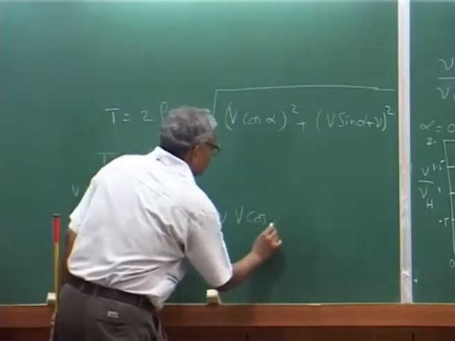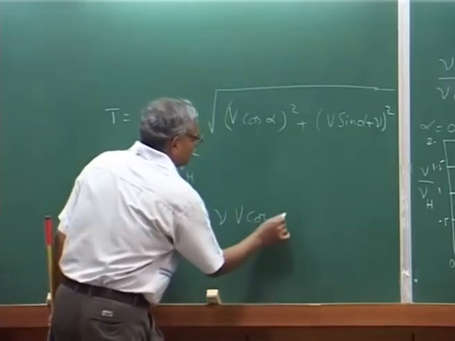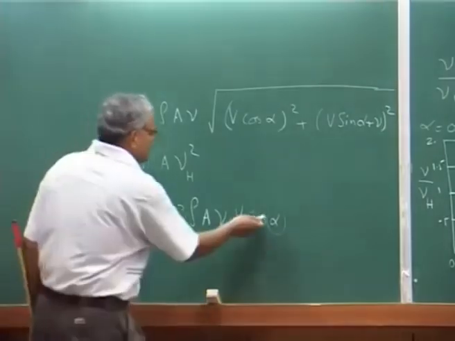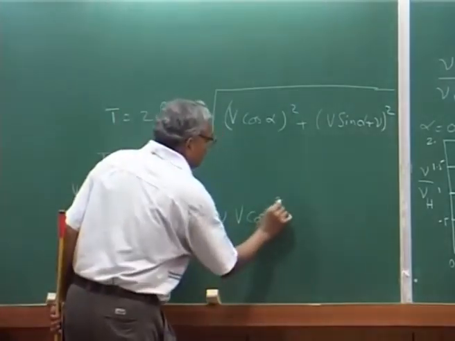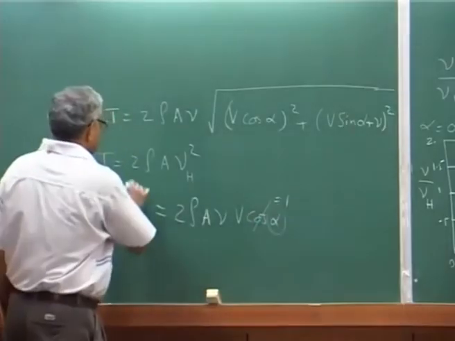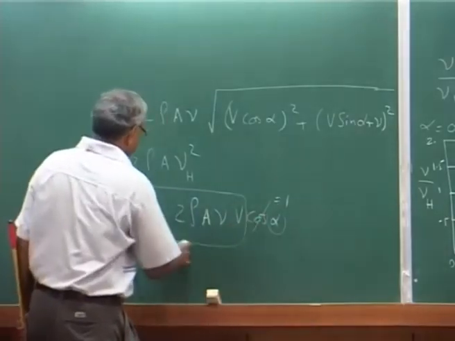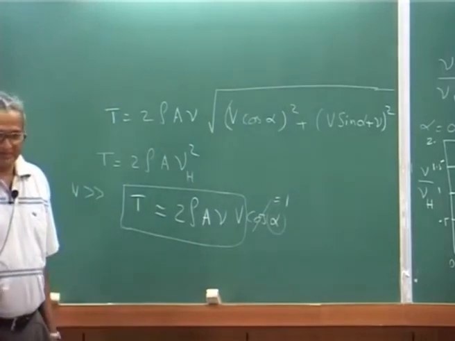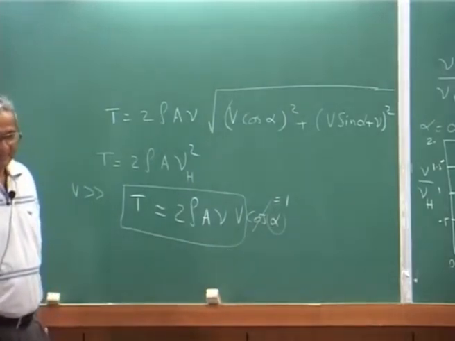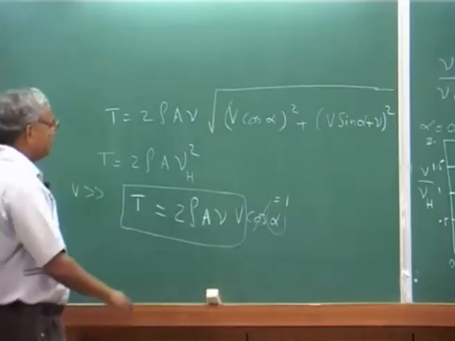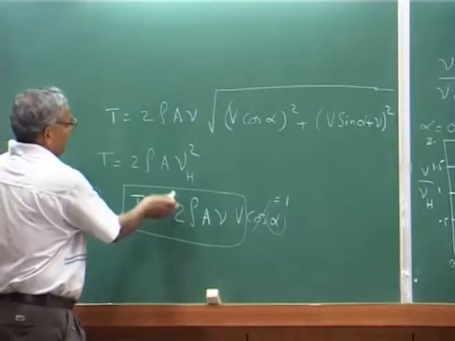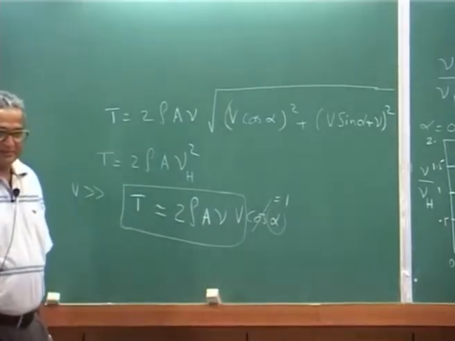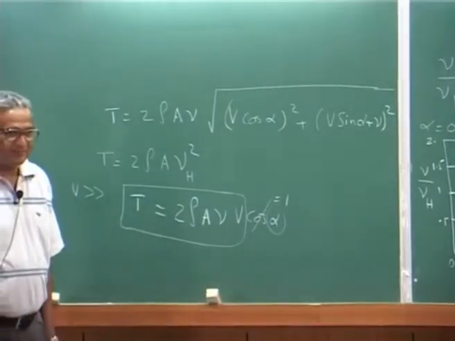But now when alpha is 0, that is the disk is flying horizontally, this term will become 1. So my thrust is this expression. Now you equate these two, because thrust is supporting the same weight of the helicopter.